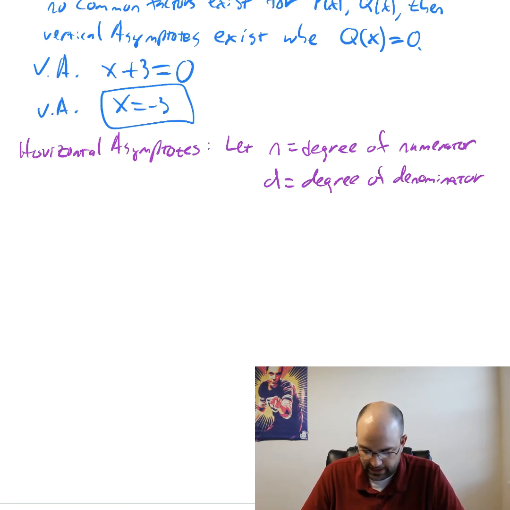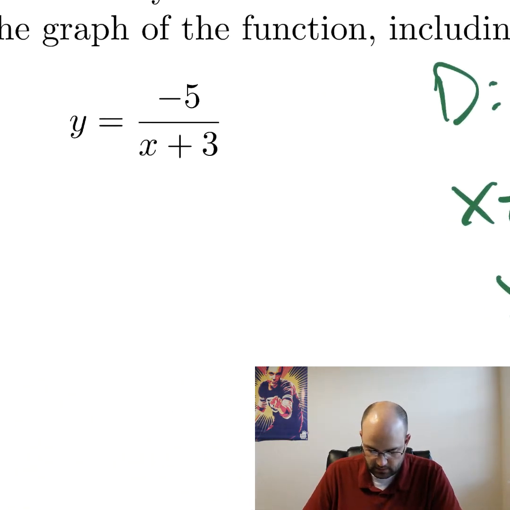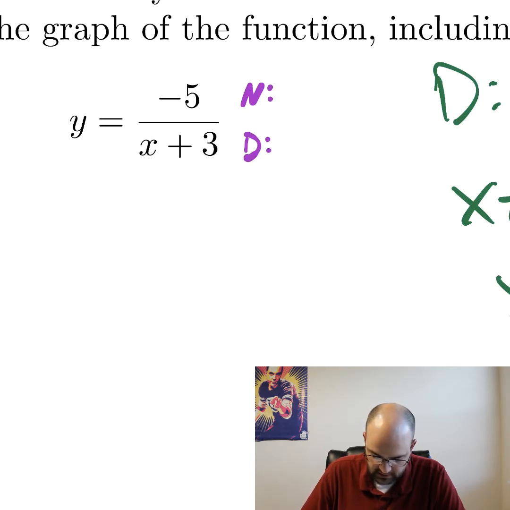If we go back up and look at the function, negative 5 in the numerator, x plus 3 in the denominator, I want to know what n and d are here. The d can be seen pretty easily.